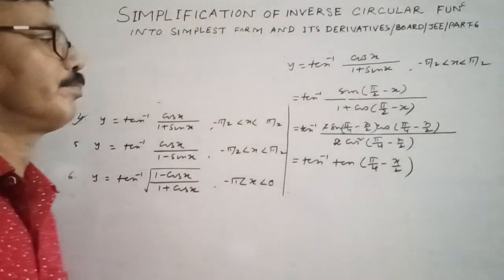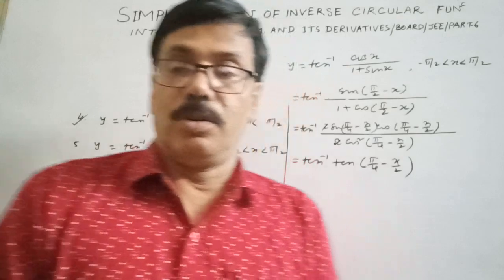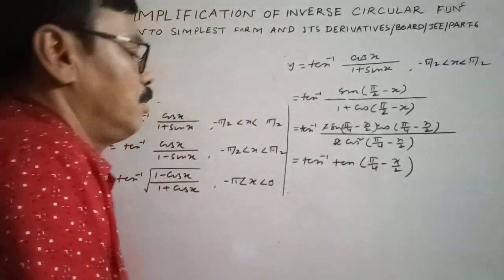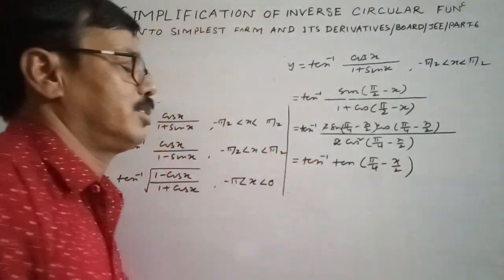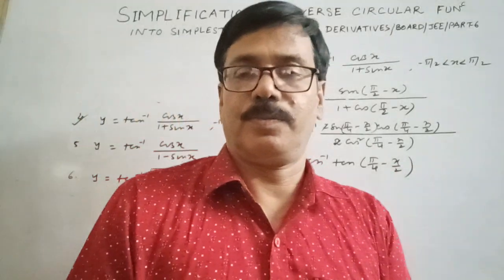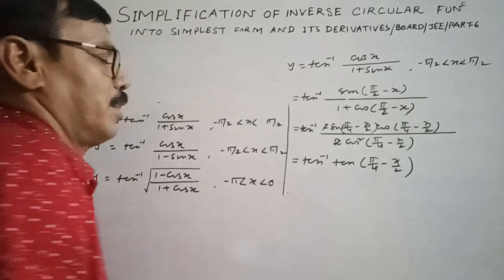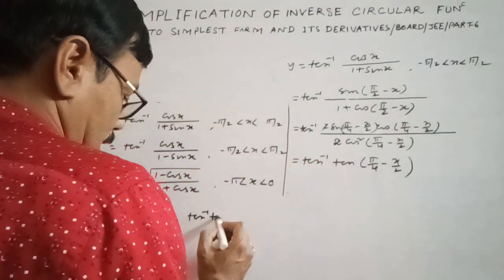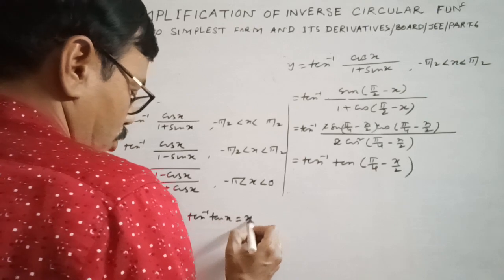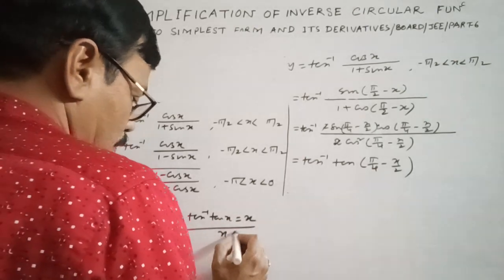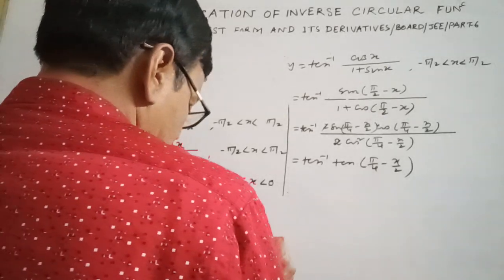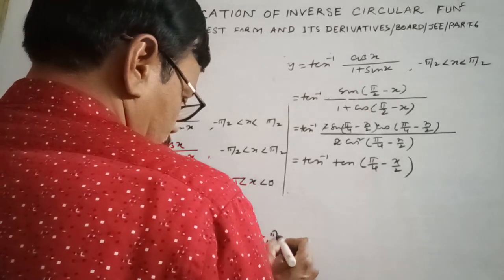Now if no restriction is given, we take tan inverse tan x as x. But here a restriction is given. So try to recall: tan inverse tan x equals x, where x belongs to minus pi by 2 to plus pi by 2.